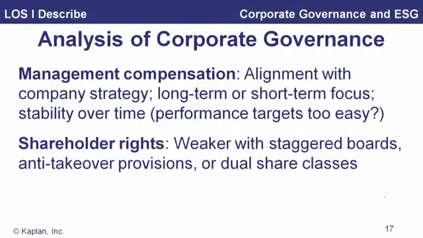Anti-takeover provisions that protect against hostile takeovers are considered to favor management and not favor shareholders' rights. And those dual share classes where the founders have shares with 10 votes a share and everybody else has 1 vote a share, those are considered weaker in terms of protecting and promoting shareholder rights.